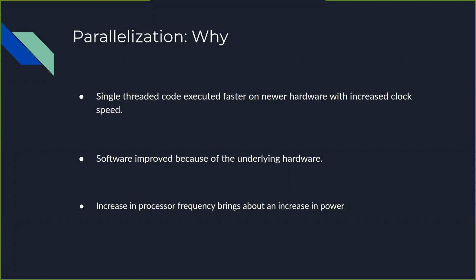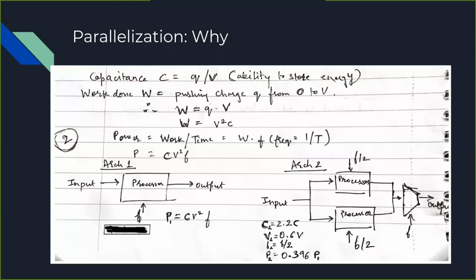Software engineers were accustomed to getting their improvements from the underlying hardware, but this no longer holds true, because an increase in frequency also demands a higher voltage from the power supply, which introduces the overhead of power dissipation in any electronic circuit.